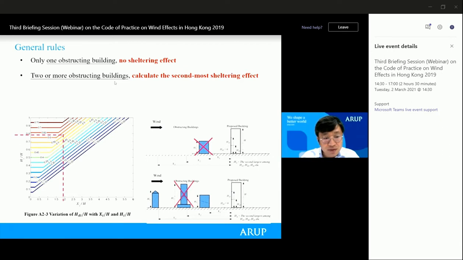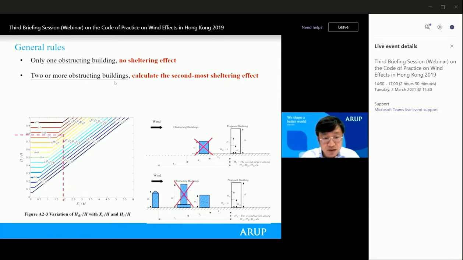So here in figure 8.8.2.3, there is a contour plot. Within this contour plot, the ratio between the obstructing building height over the target building height is the horizontal axis, and the ratio between the distance from the obstructing building to the target building over the height of the target building is the vertical axis. For each of the three buildings shown on the screen, we can evaluate their sheltering effect.